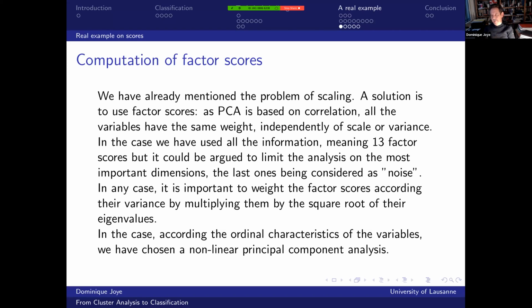And from this, do the cluster analysis on the basis of the factor scores rather than on the basis of the original variables. That means you have, in fact, a kind of standardization of the original variables through the use of the factor analysis. Okay?